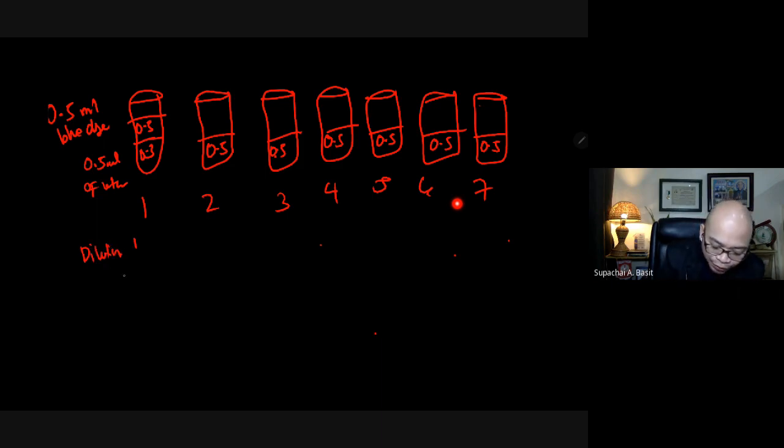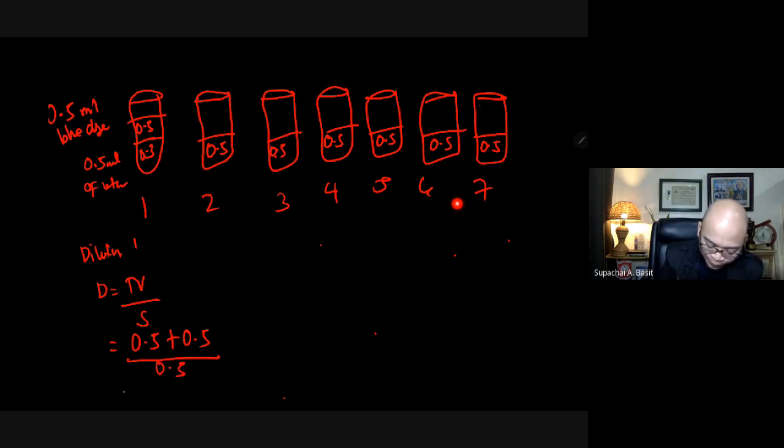The dilution is total volume over solute. So it is 0.5 plus 0.5 over 0.5. The answer is 1 over 0.5, and that is 2. So the dilution here is 1 is to 2.